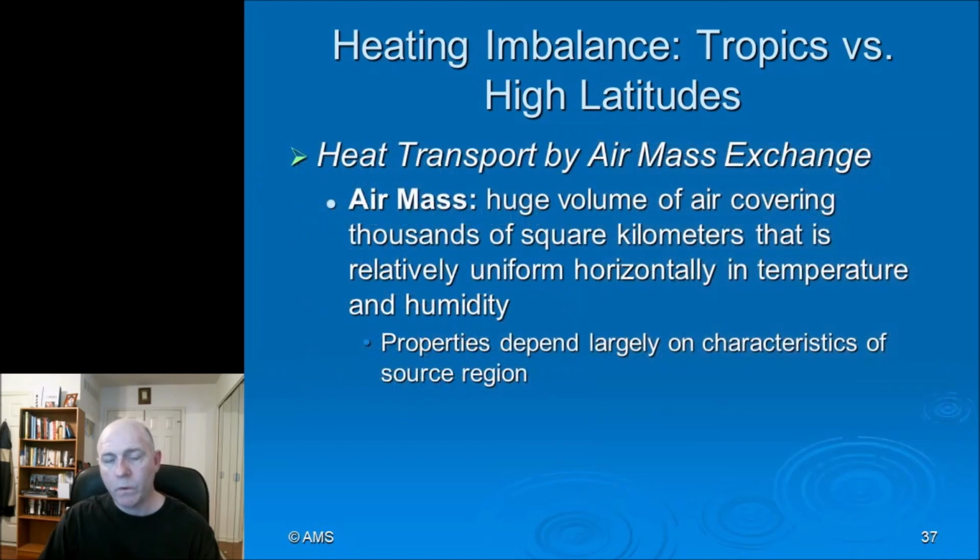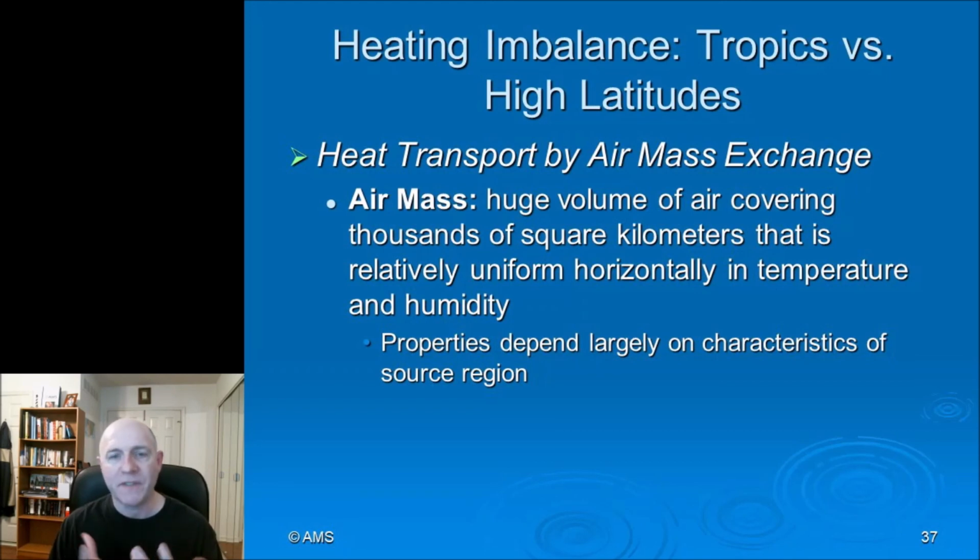So what do we mean by air masses? An air mass exchange is where one air mass bumps up into another and you've got a mixing. All right? An air mass is a huge volume of air that covers thousands of square kilometers, square miles, that is relatively uniform in temperature and humidity.